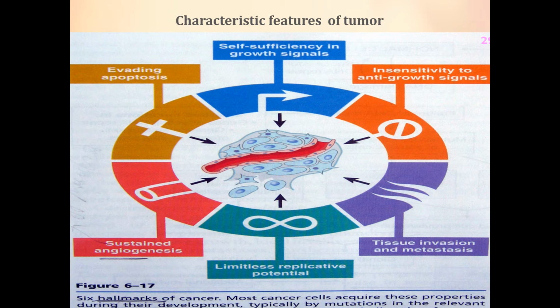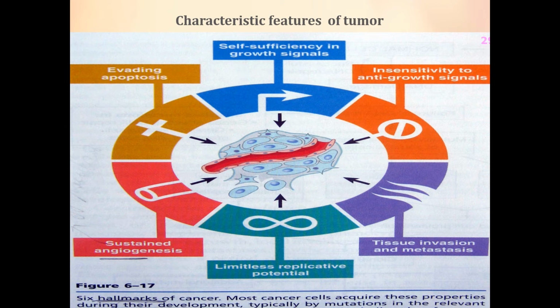The second is loss of sensitivity to the action of tumor suppressor factors. It is linked with the mutation in the tumor suppressor genes. The third is unlimited growth potential. It means non-stop proliferation, division of cells. Again, this is associated with the mutation in proto-oncogenes and in tumor suppressor genes, genes of apoptosis, for example.